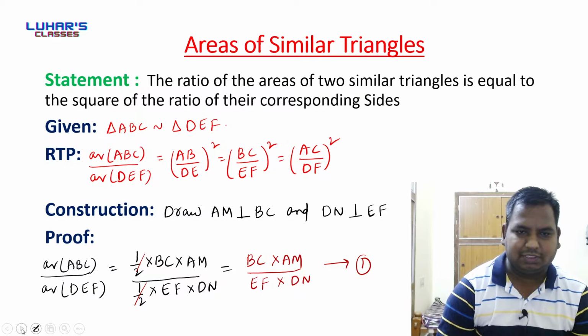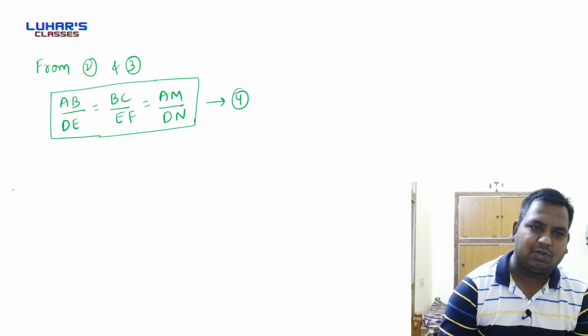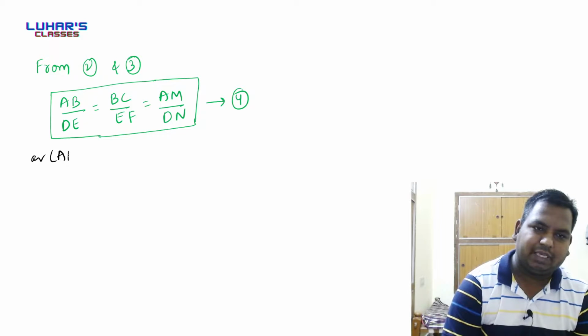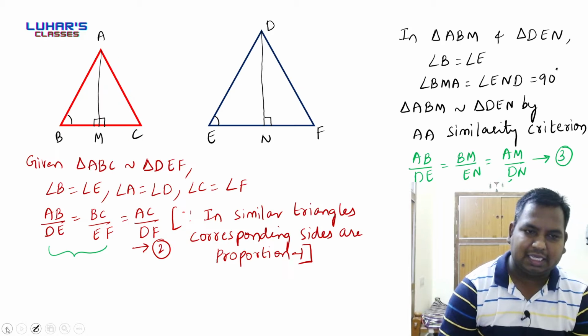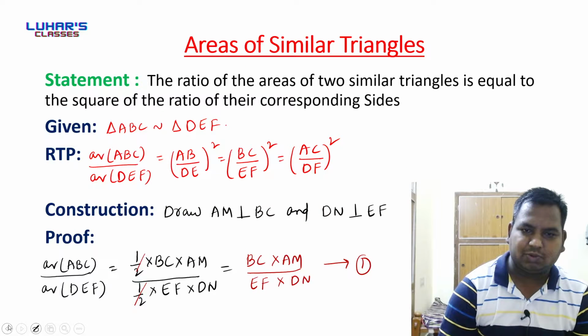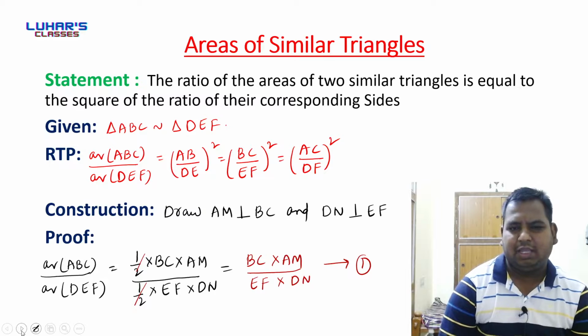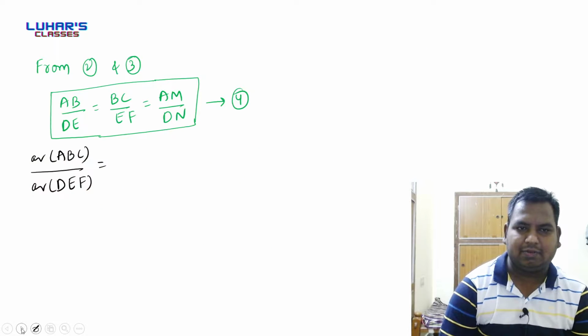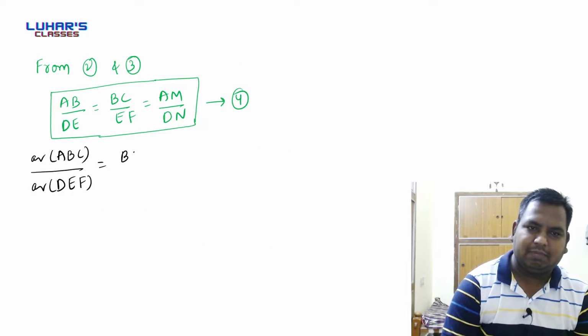Now let me write the first equation once again. The first equation was area of ABC by area of DEF is equal to BC by EF into AM by DN.